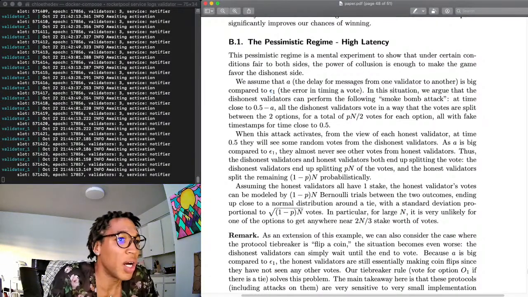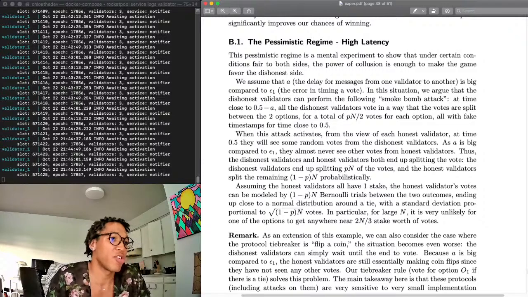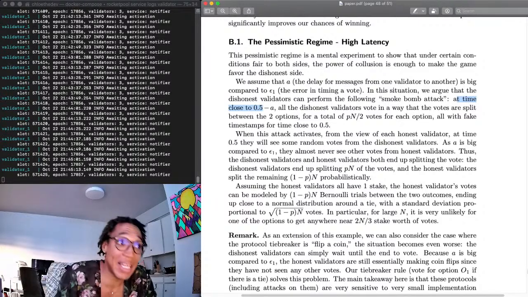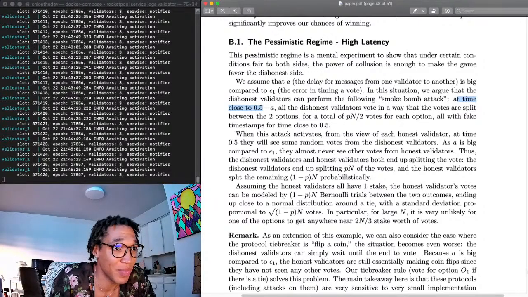Epsilon 1. In this situation, we argue that the dishonest validators can perform the following smoke bomb attack at time close to half, minus this delay. All dishonest validators vote in a way that the votes are split between two options.